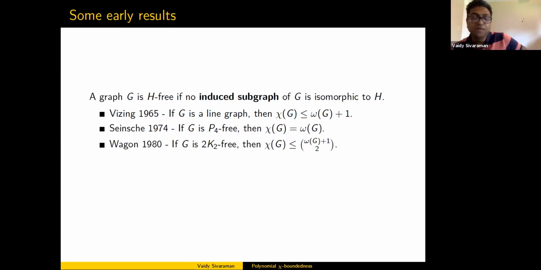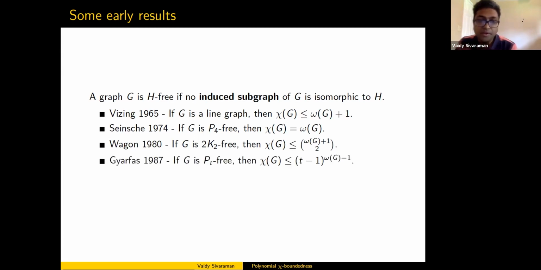Wagon, in a 1-page paper, proved that if you are 2K2-free, 2K2 being just the graph on 4 vertices with just 2 edges, then you get a quadratic bound. And Gyárfás in 1987 said, how about excluding any path on t vertices?